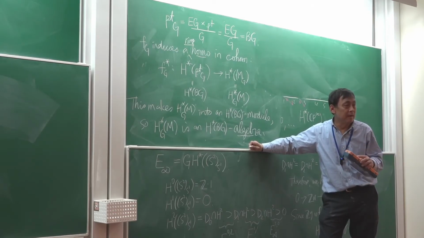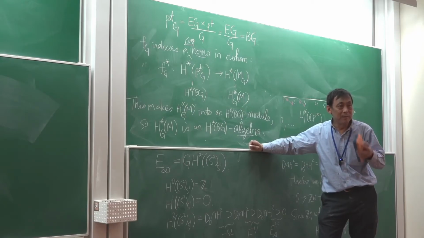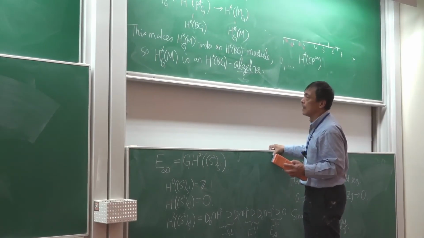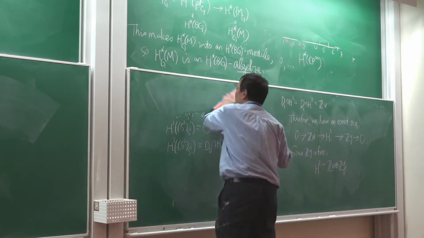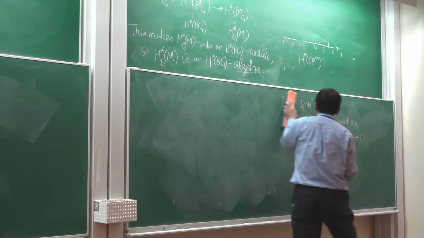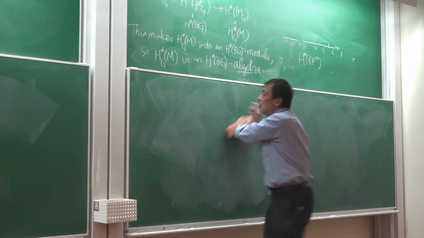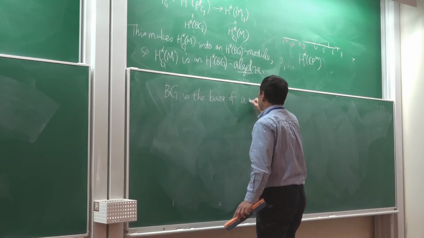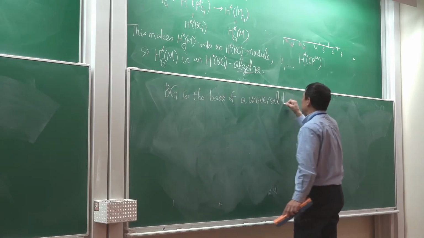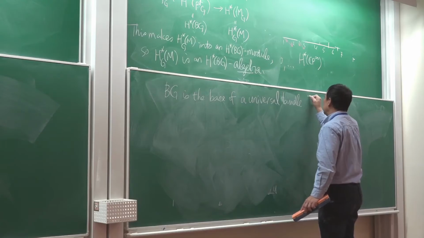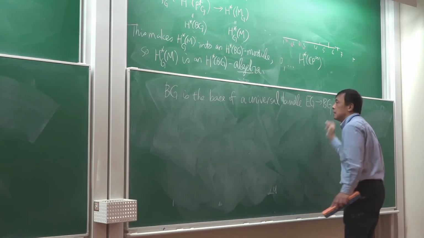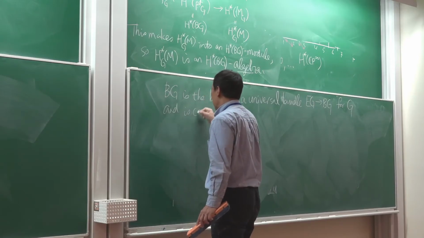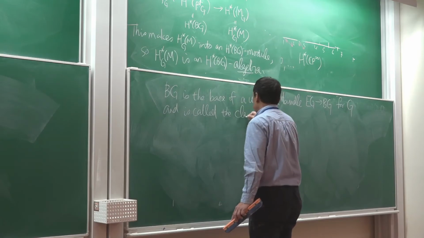And BG is the base of the universal bundle for the group G, and it's called the classifying space for G. So BG is the base of a universal bundle EG over BG for the group G, and is called the classifying space.